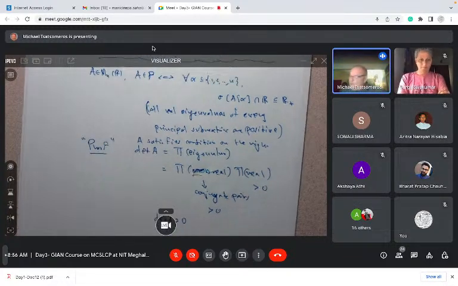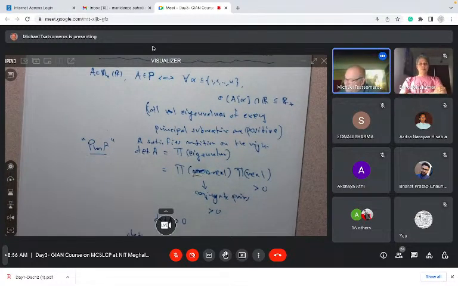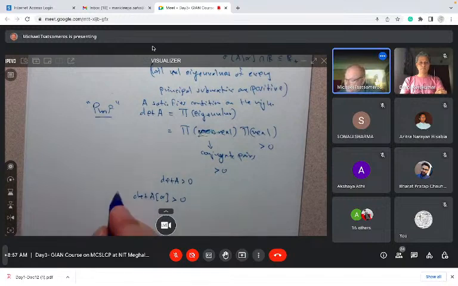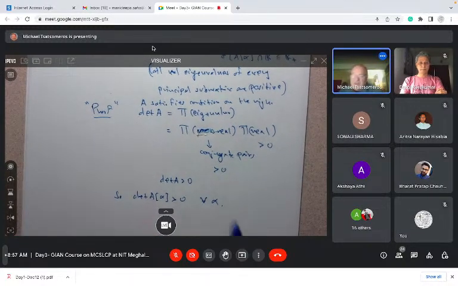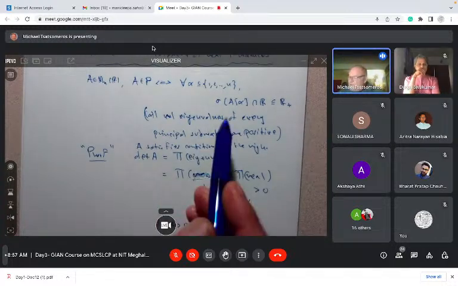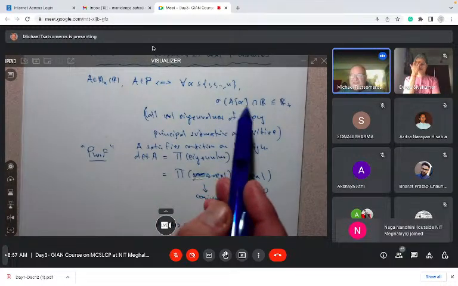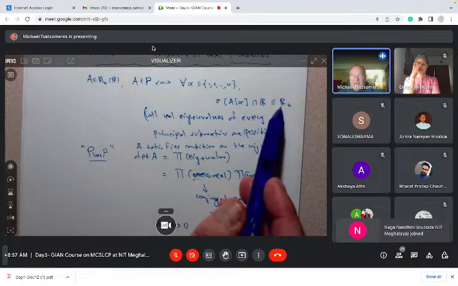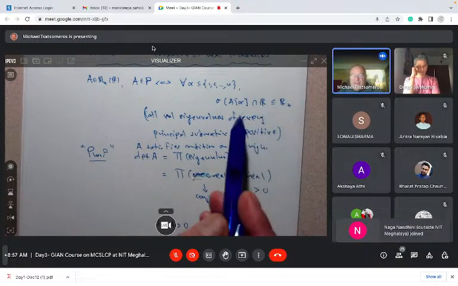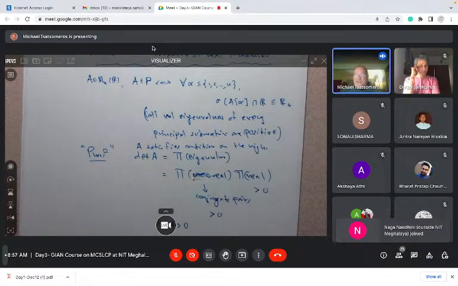Now apply this to every principal submatrix, because that's my assumption, that every principal submatrix has this condition. So if you have a matrix for which every principal submatrix has positive real eigenvalues, necessarily it's a P matrix, because the determinants of all the principal submatrices have to be positive.